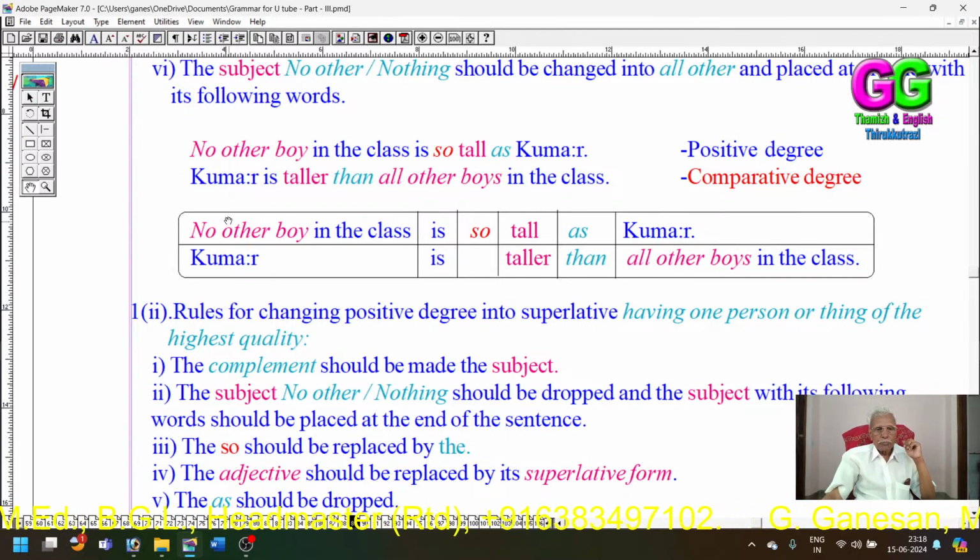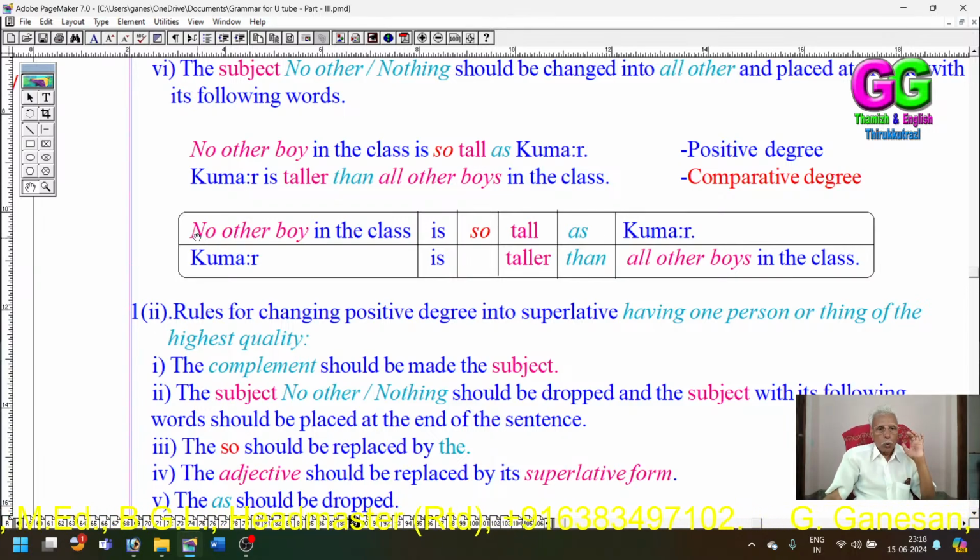Sixthly, in the subject, no other, the no should be removed and replaced by all. No other should be changed to all other. Then the singular should be changed into plural.